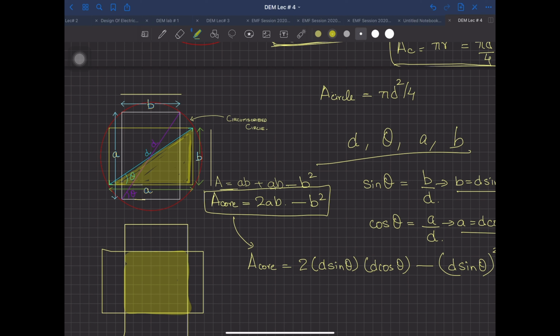Perpendicular is A. Now this angle theta and angle theta. Use your brain. Which one? For this, your perpendicular was this one, for this triangle which is having D, this one.